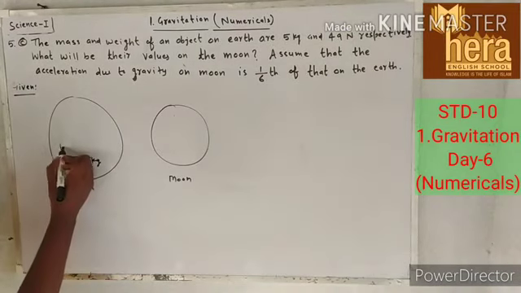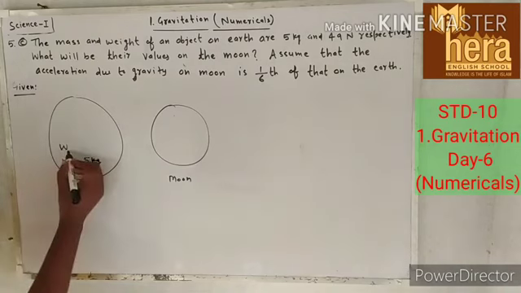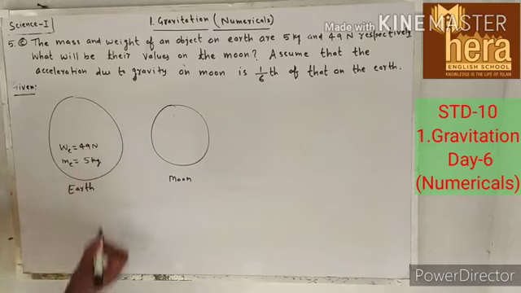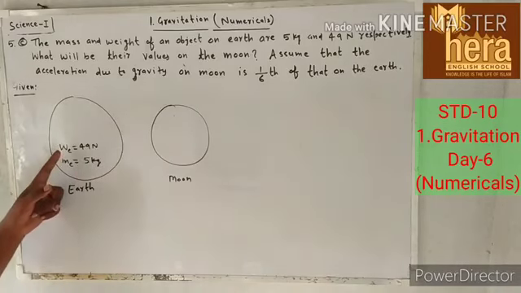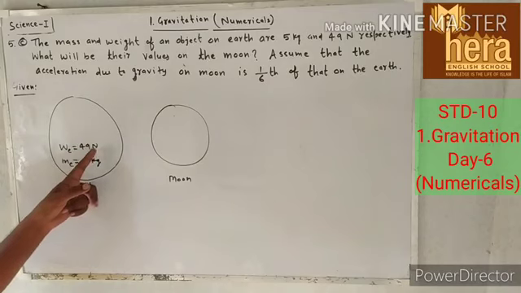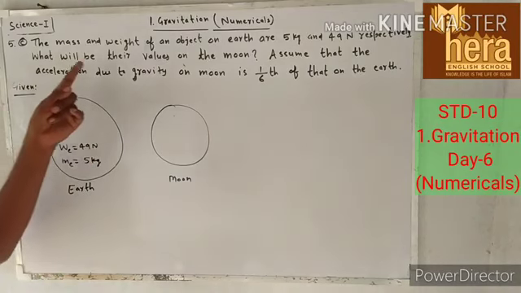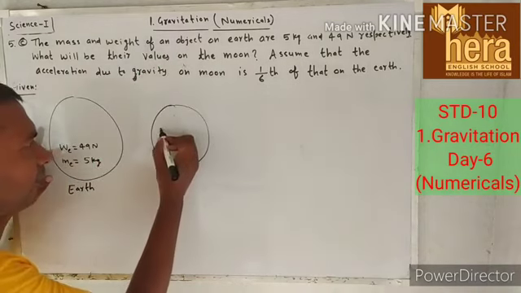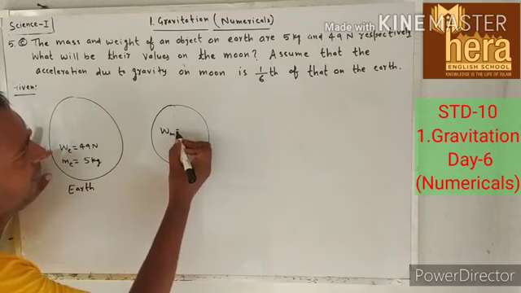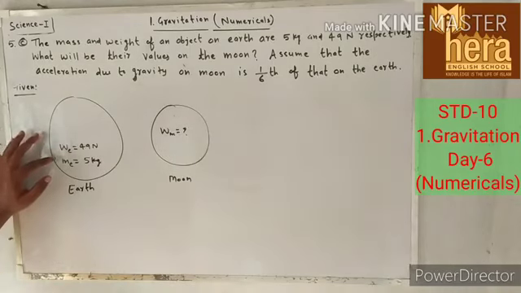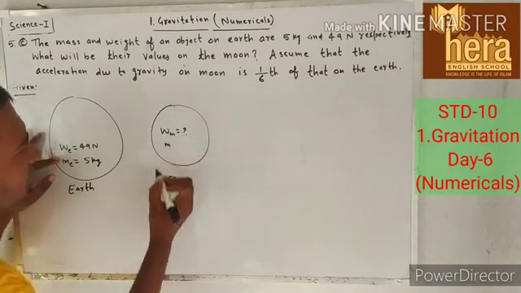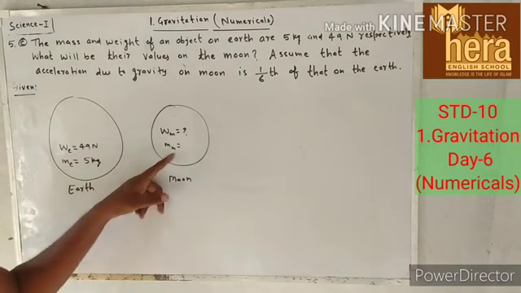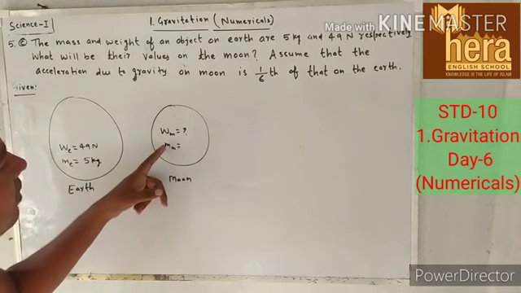It means weight on earth is equal to 49 Newton, because weight is one type of force. That's why here the unit is Newton. What will be their values on the moon? It means weight on moon is equal to question mark, and the mass of the object on moon, that is MM, M is the mass on the surface of moon.